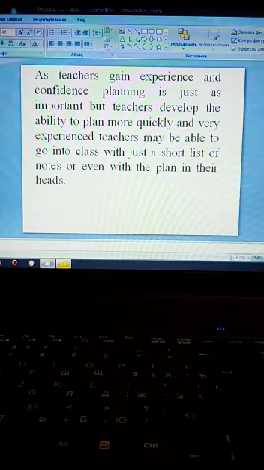As teachers gain experience and confidence, planning is just as important, but teachers develop the ability to plan more quickly, and very experienced teachers may be able to go into class with just a short list of notes or even with a plan in their heads.